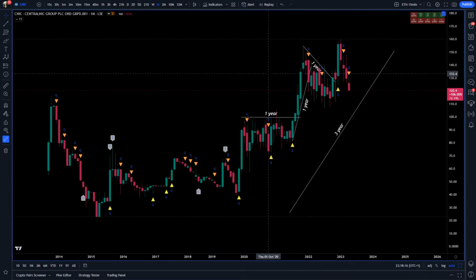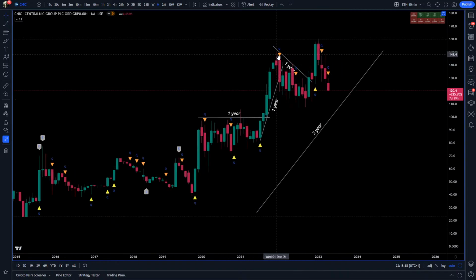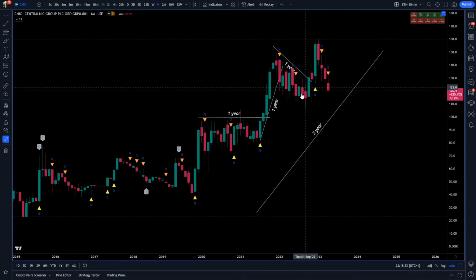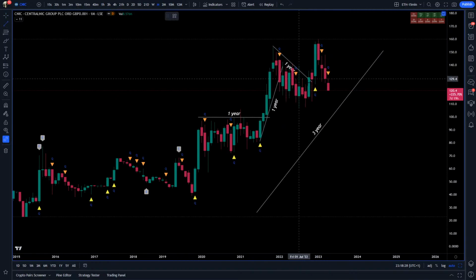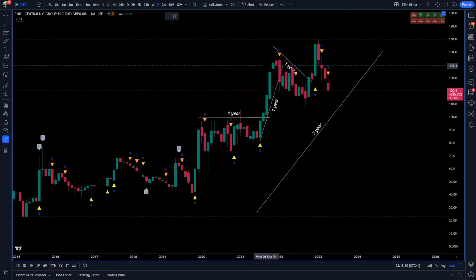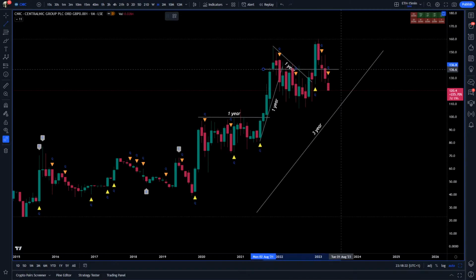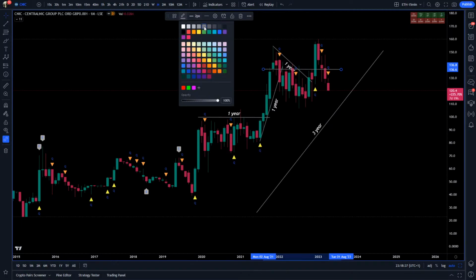And with this indicator, we can see that the quarterly came down with the yearly until a point where the quarterly made a breakout. So at this point, the quarterly made a breakout, right?